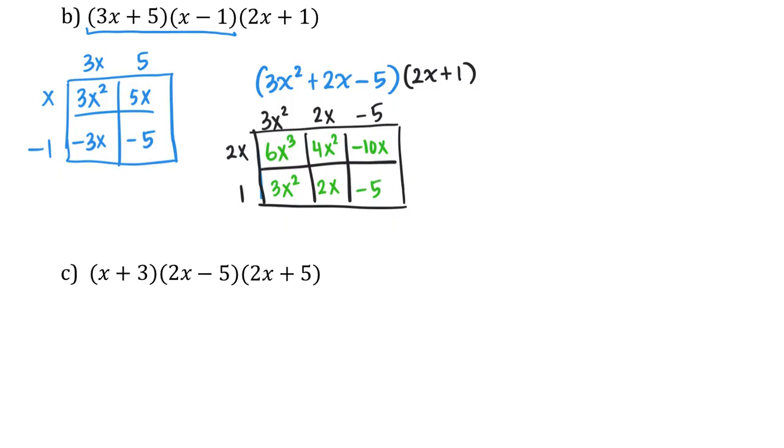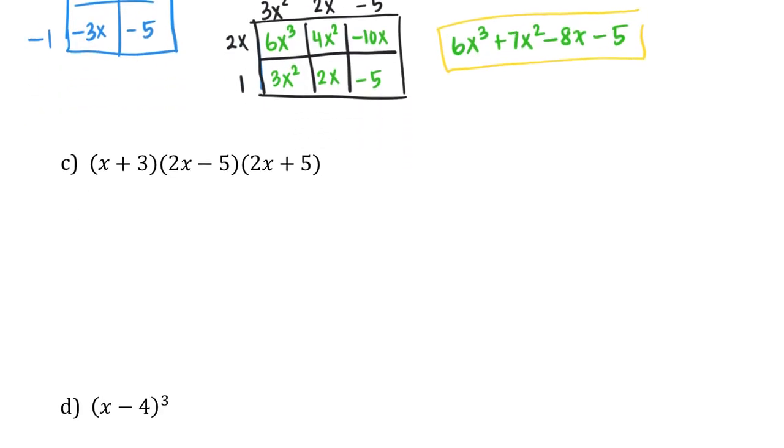Okay, let's do our like terms. 6x cubed, 3x squared plus 4x squared is 7x squared, negative 10x plus 2x is negative 8x, okay, and negative 5. And if you used a different method, you should get the same answer. If you multiplied them in a different order, you should also get the same answer.